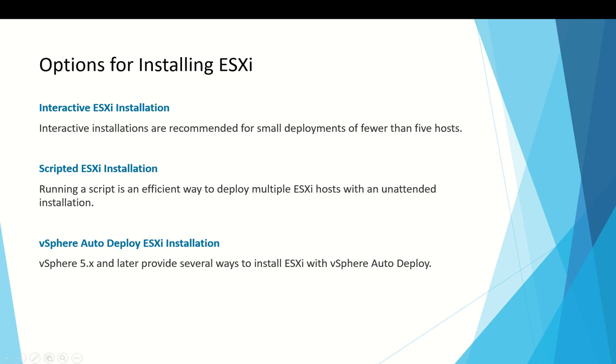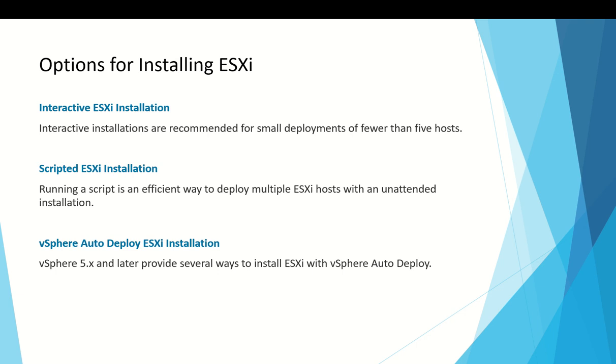If you have multiple ESXi boxes in your data center, you can install ESXi using scripts, like unattended scripts. A scripted ESXi installation will be quick. We can deploy quickly using scripted, unattended installations or upgrades also.